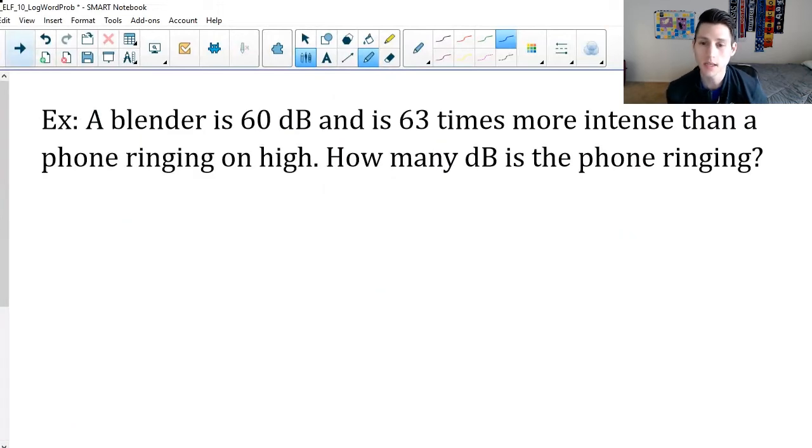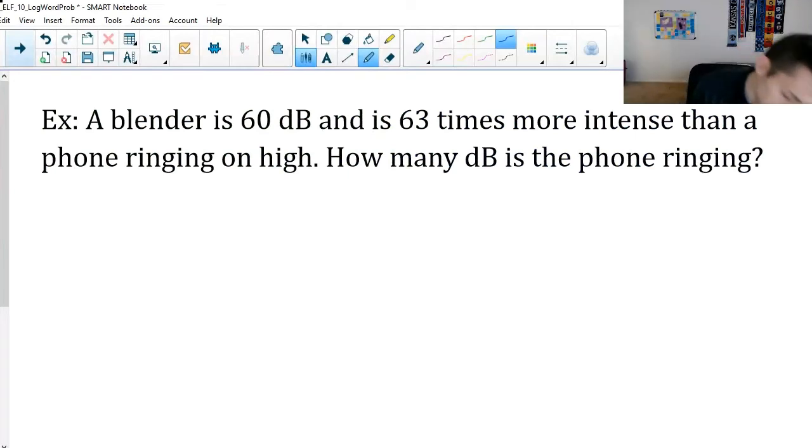Next example, still sticking with sound: a blender is 60 decibels and is 63 times more intense than a phone ringing on high. How many decibels is the phone ringing? All right, so this is another different style of question.